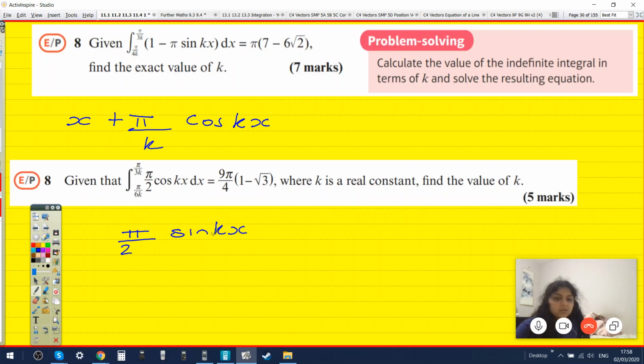And what happens with this k? It should be pi over 2k, not times k. What do you mean it's not times k? Are you saying pi over 2k sine x? No, pi over 2k. Ah, yes. That's great. And that's definite integration. That's great.